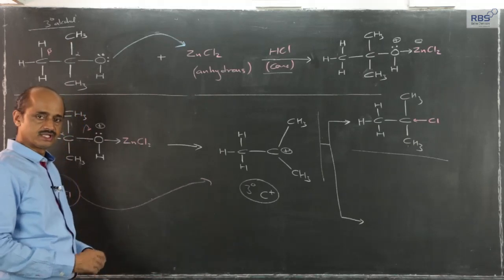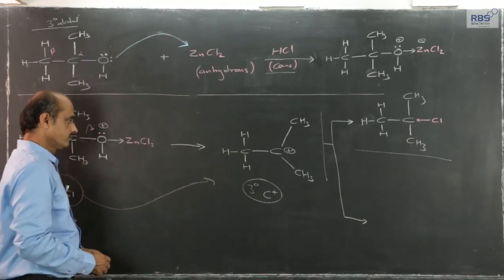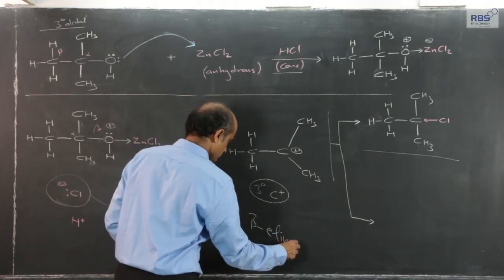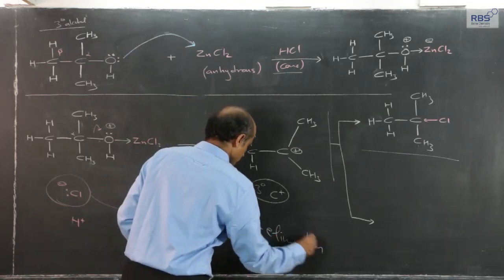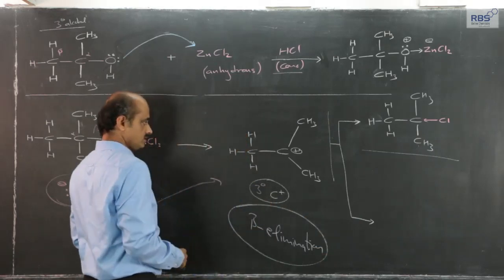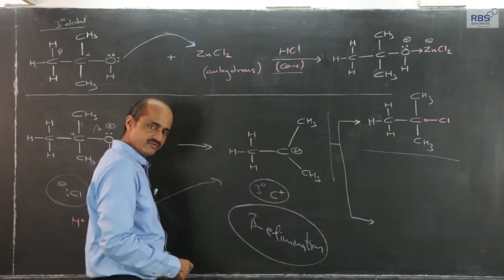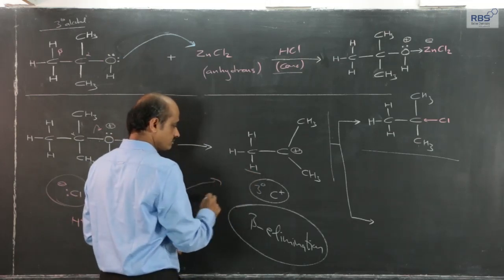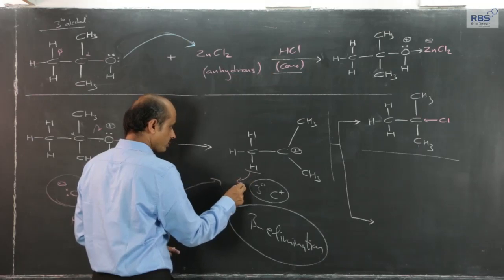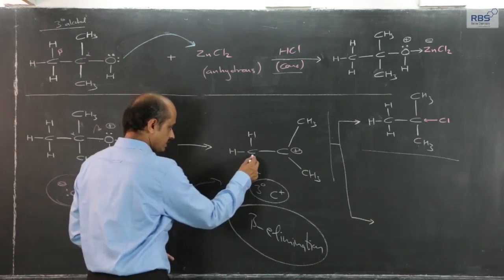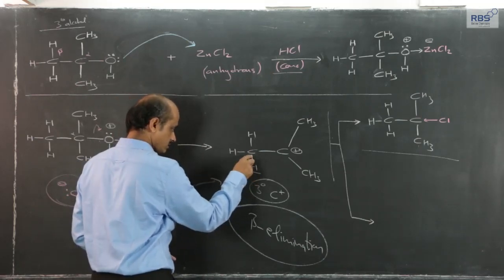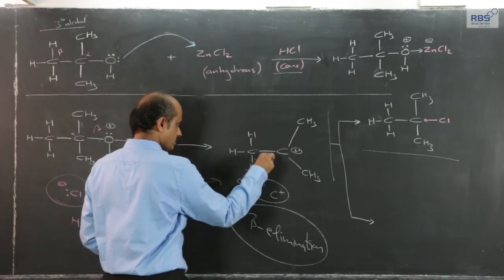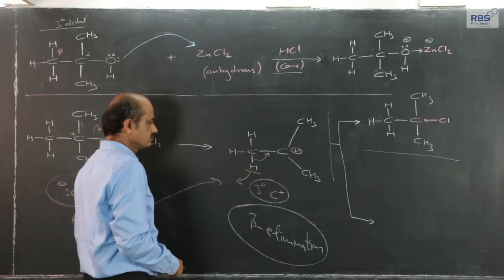In addition to that possibility, there is one more possibility. We call it beta elimination. If the tertiary carbonium ion is formed, this hydrogen goes out in the form of H plus, and this sigma bond, the shared pair covalent bond, forms a pi bond.